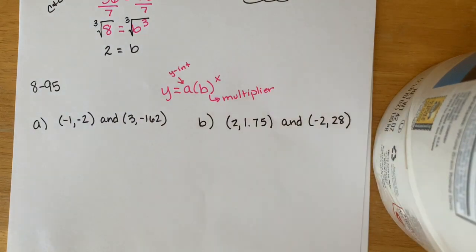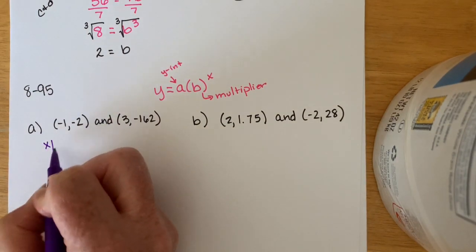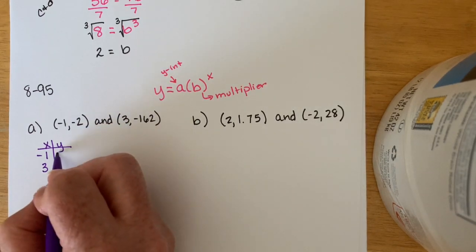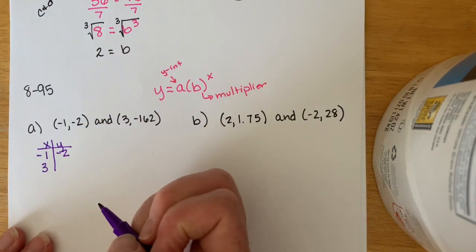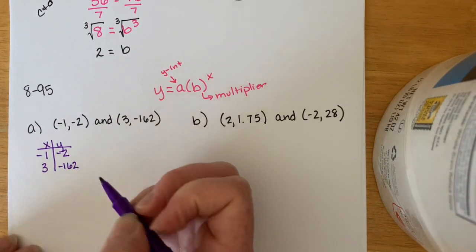One of the things that we were doing last week when we looked at a graph is we were creating a table from those points. So I could take this and make a quick table. I know that (-1, -2) is a point, and I know that (3, -162) is a point.